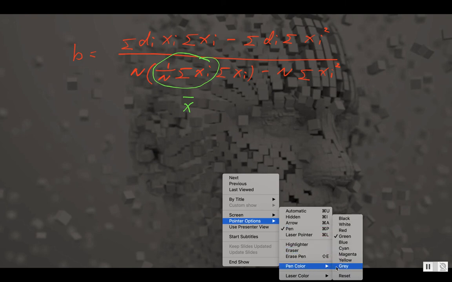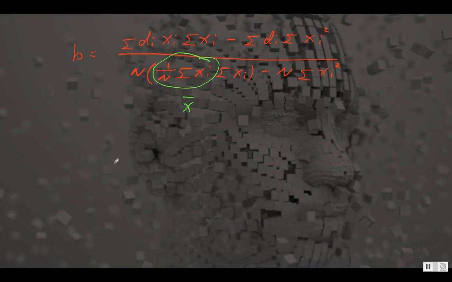The b going to equal to summation di and xi and summation xi, and then minus summation di and the summation xi square, and then here equal to d, you can move the n total out.